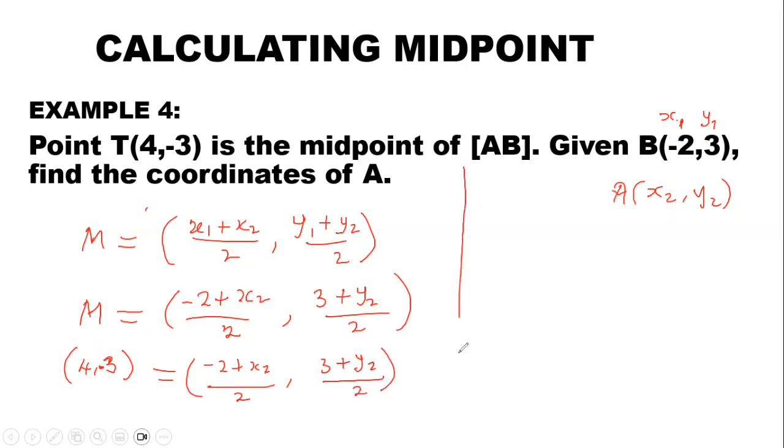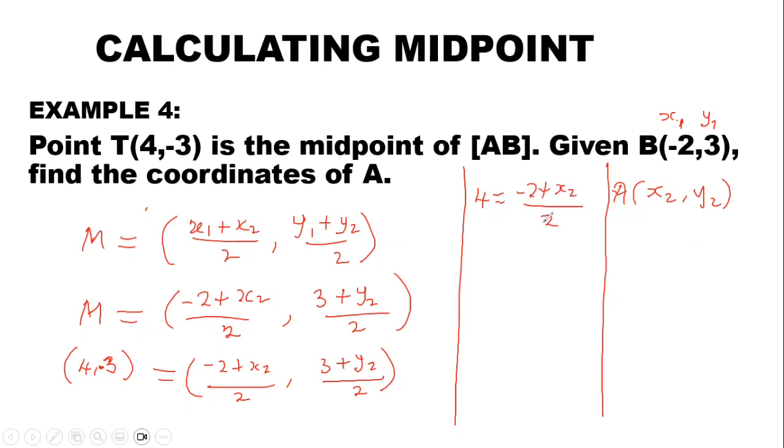So we have to now compare the coordinates and solve for the values of x2 and y2. So if we take the x coordinates, then 4 should be equal to this expression. So 4 is equal to (-2 plus x2) all over 2.